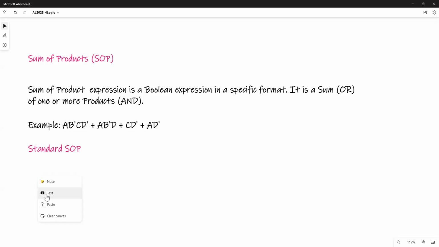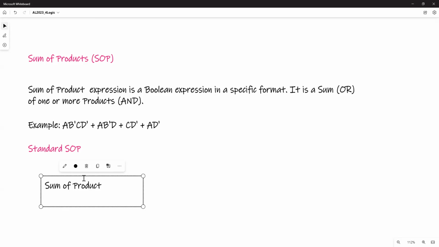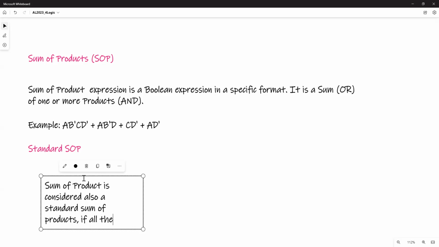So we can say, let's take down, right? A sum of products is considered a standard sum of products if all the variables are present in the Boolean expression.